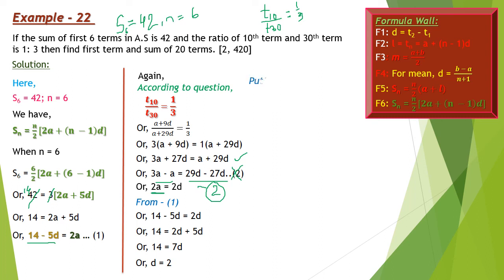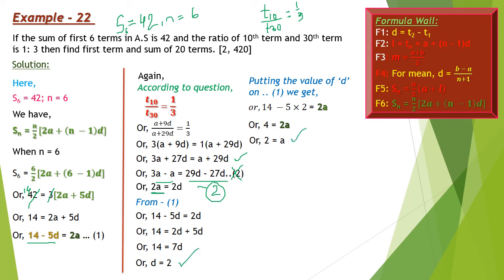So putting the value of d in equation 1, we get 2a equal to 14 minus 10. Value of a is 2. So we have the value of a and we have the value of d, so we can easily find the sum of the first 20 terms.